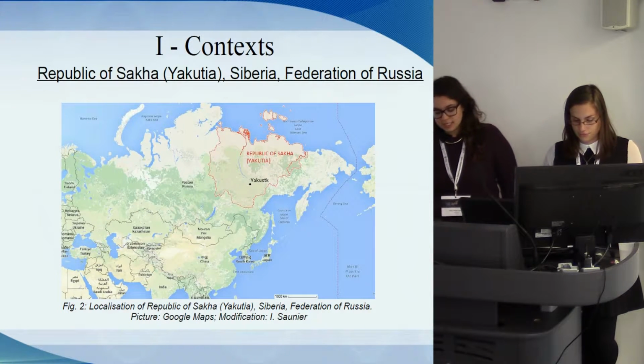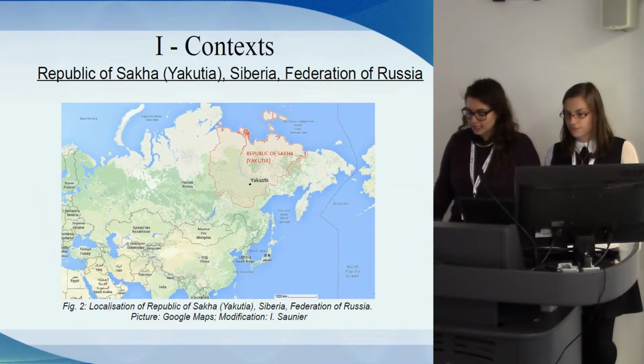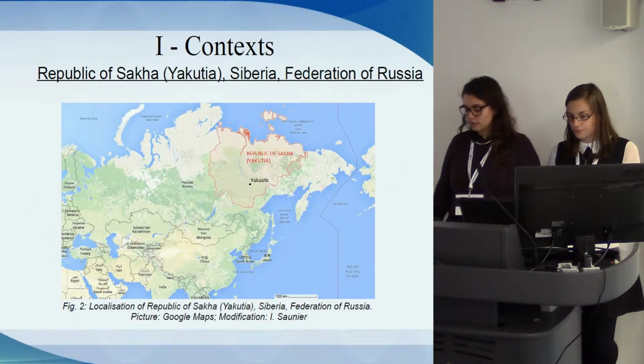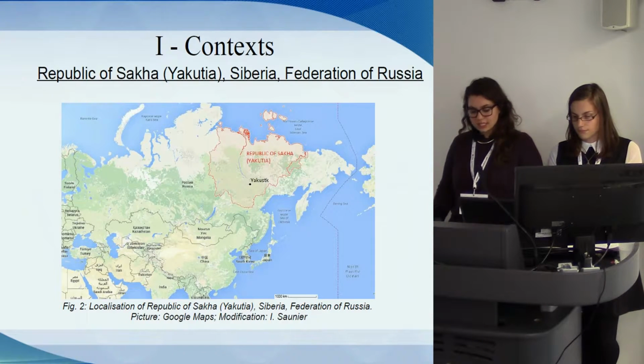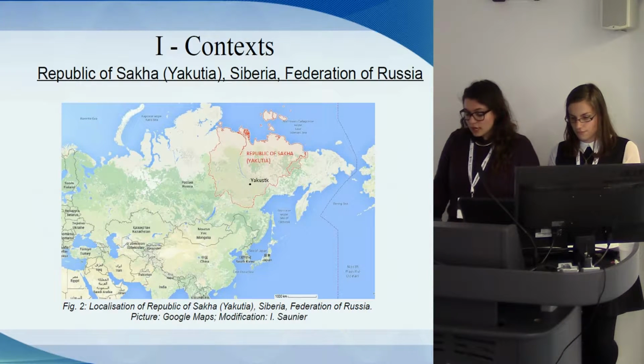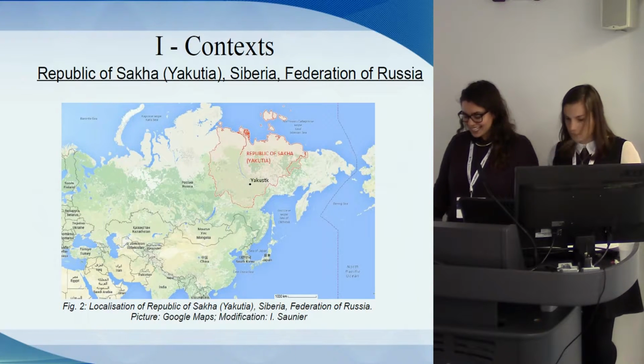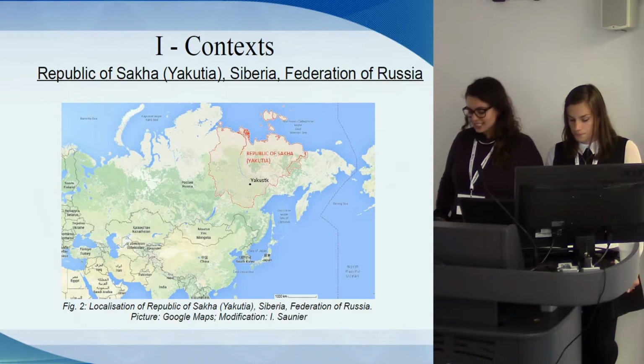Yakutia is situated in northeast Siberia and covers a vast area of 3 billion kilometers. Founded in 2004 by Éric Crubézy, the MAFSO, la Mission archéologique française en Sibérie orientale, aims to study ancient DNA.